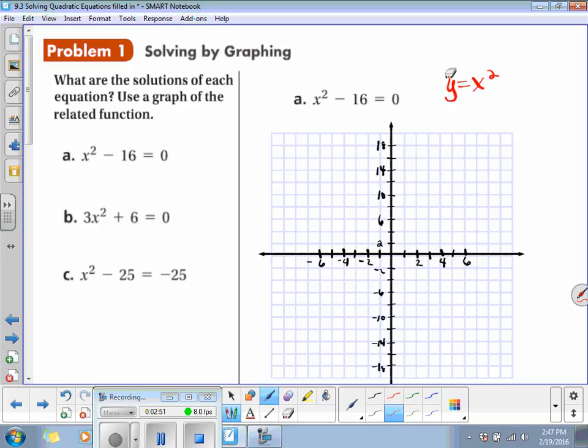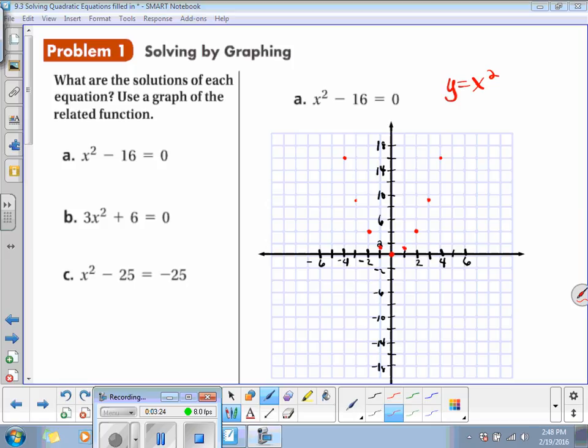So we've got 0 squared is 0. 1 squared is 1. 2 squared is 4. 3 squared is 9. And so forth. Is everybody clear?